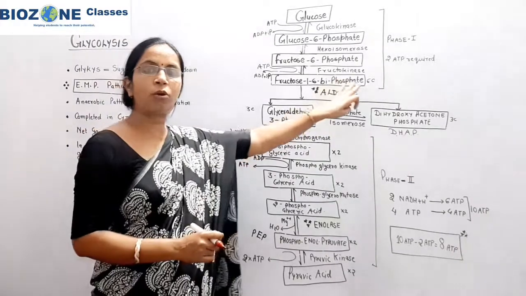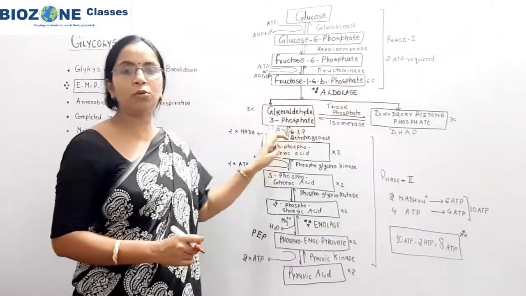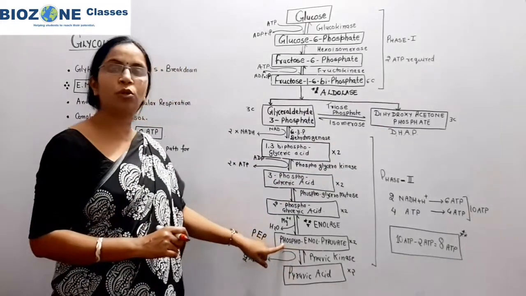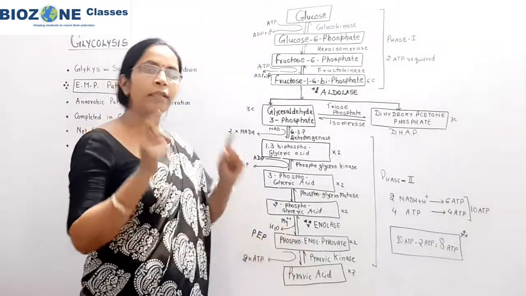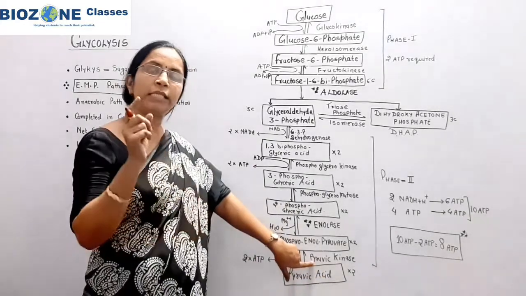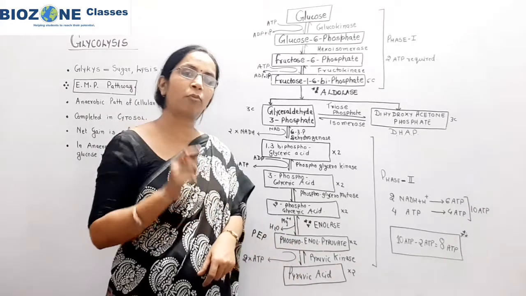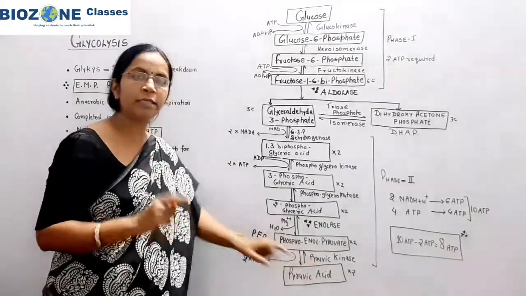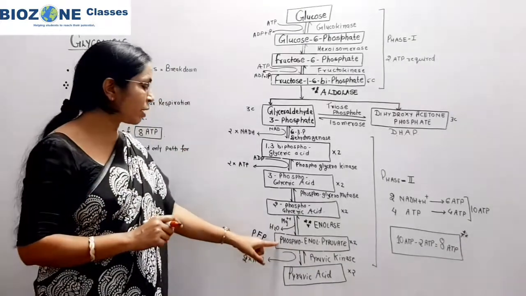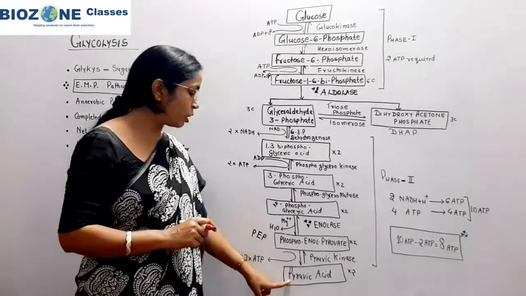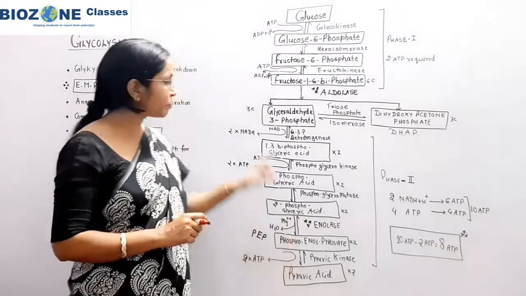Aldolase for the breakdown of fructose 1,6 bisphosphate into G3P and DHAP. Enolase for the formation of phosphoenol pyruvate, and the last enzyme of glycolysis is pyruvic kinase. The enzyme responsible for the formation of pyruvic acid is pyruvic kinase, and by its activity PEP, or phosphoenol pyruvate, gets converted into pyruvic acid.